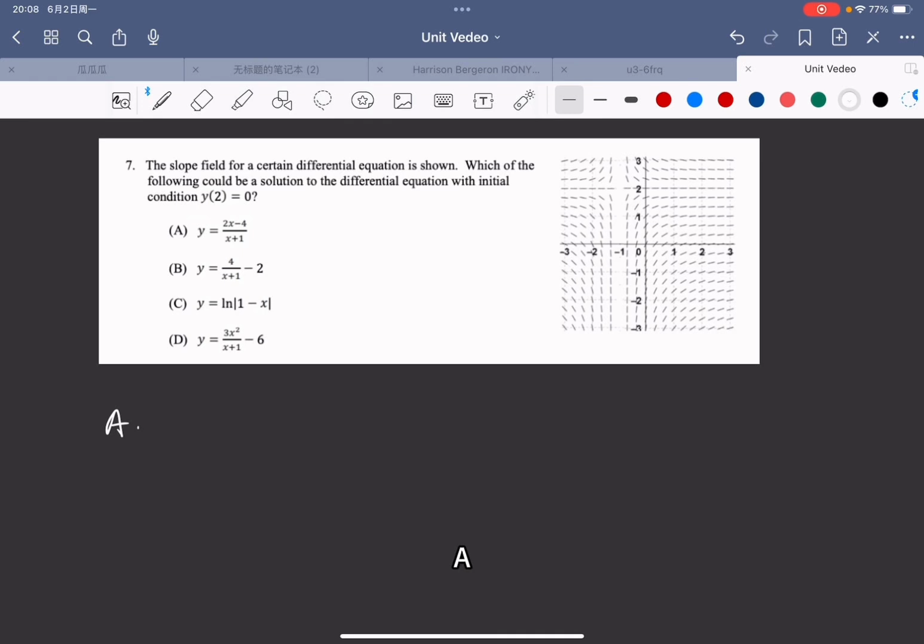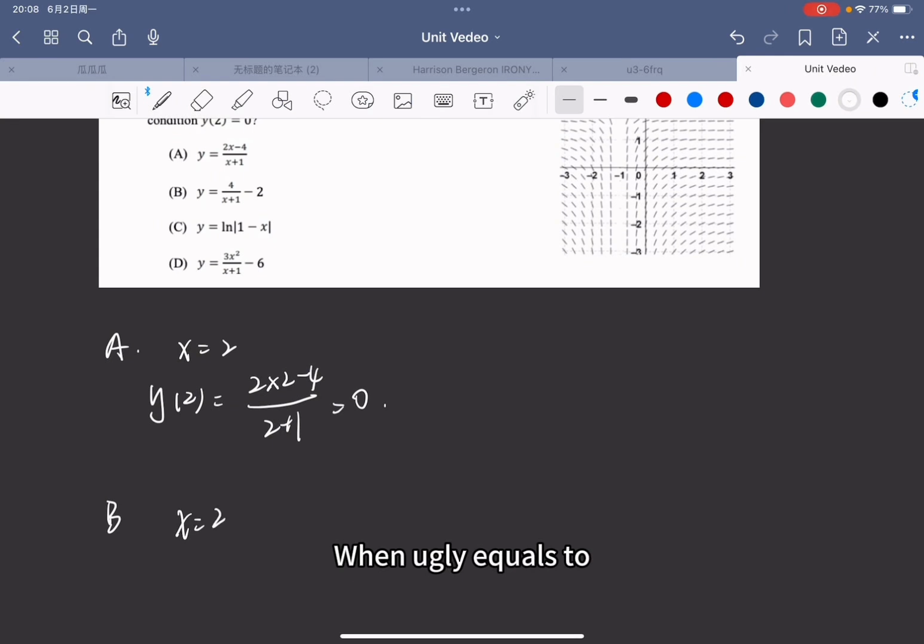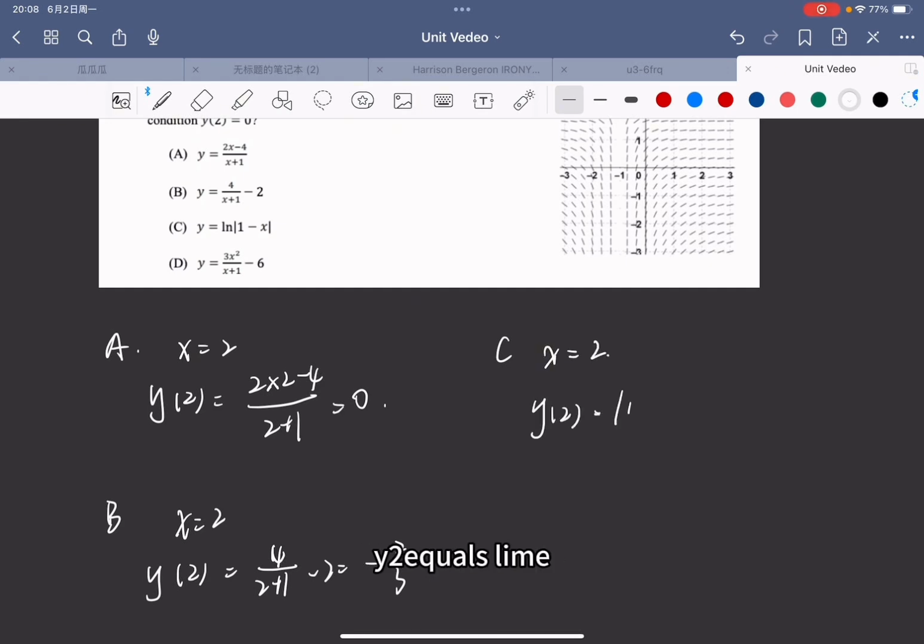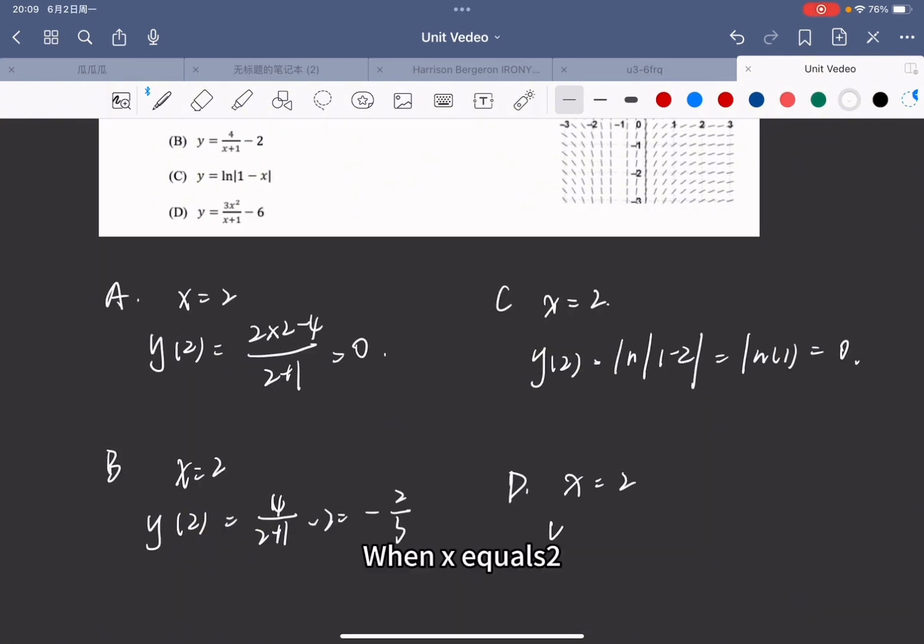Okay, A, when x equals 2, y(2) equals 0. B, when x equals 2, y(2) equals negative 2 over 3.